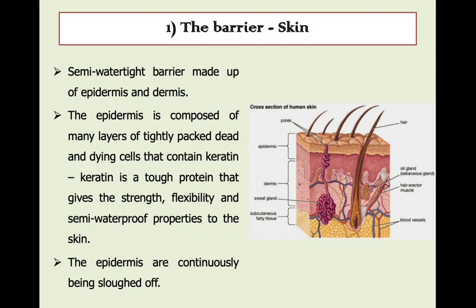Right, the first one is skin. Skin is the largest organ in the body, right? It covers nearly 20 square feet in adults. 20 square feet of skin covers the whole body, right?